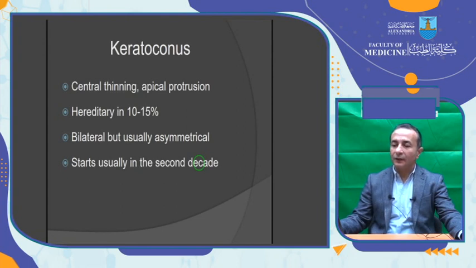Heredity plays a role in only about 10 to 15% of keratoconus. Keratoconus is bilateral, but usually asymmetrical. So you may have one eye with early keratoconus and the other with advanced keratoconus. Usually keratoconus starts in the second decade.